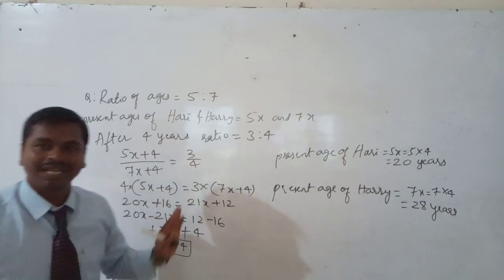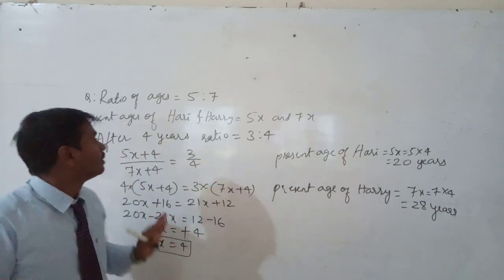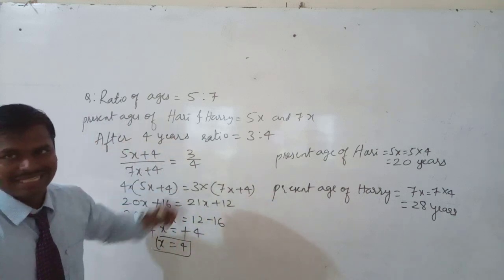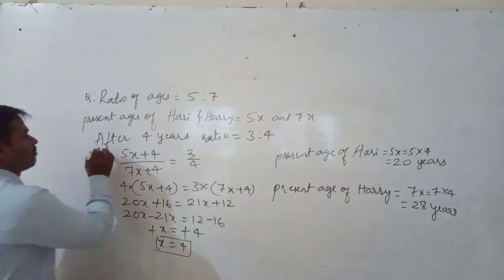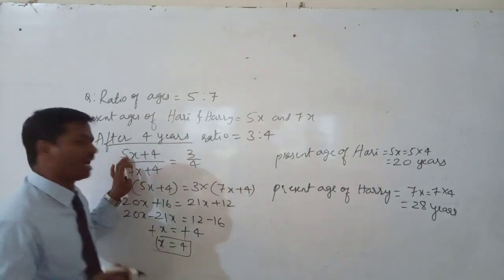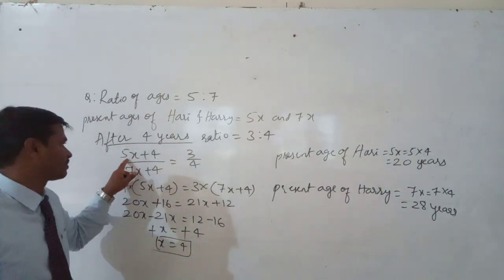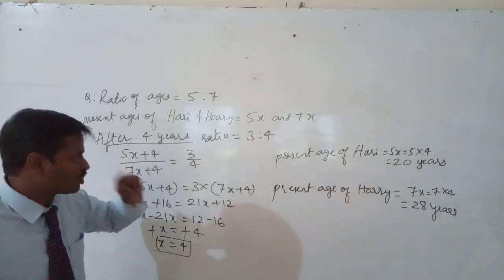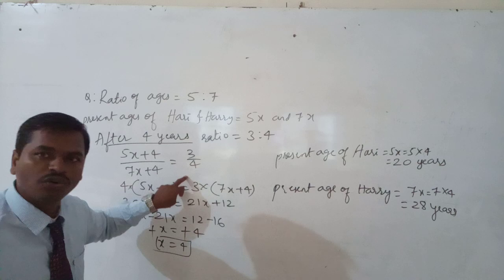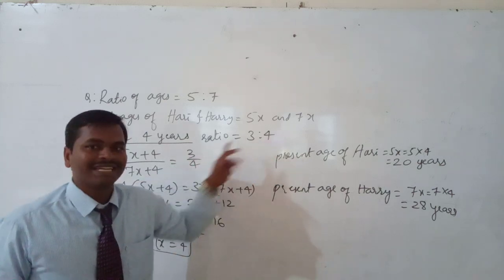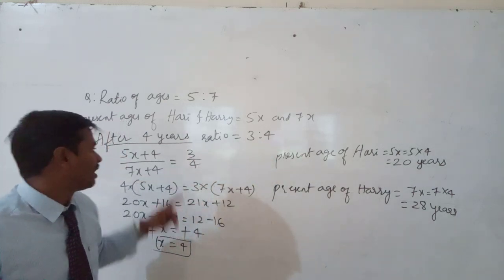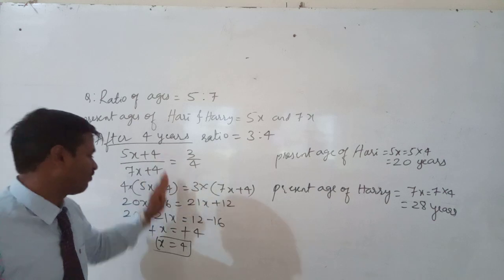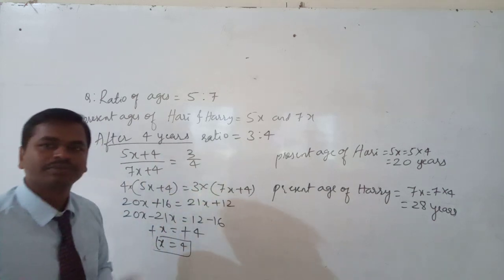We don't know the exact value. Now, after 4 years means plus 4. We should add plus 4 for both the ages: 5x plus 4, 7x plus 4. Their ratio of ages will become 3:4, which means 3/4. Now cross multiply this, simplify, get the x value.